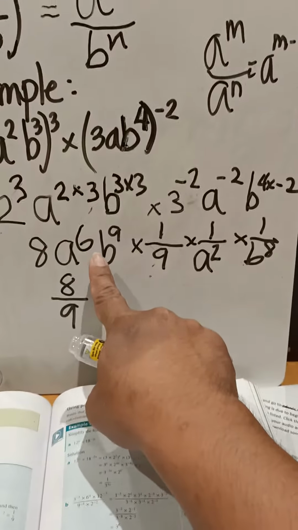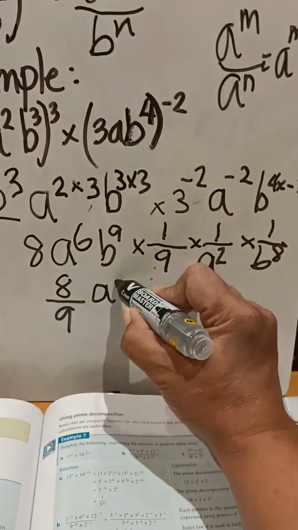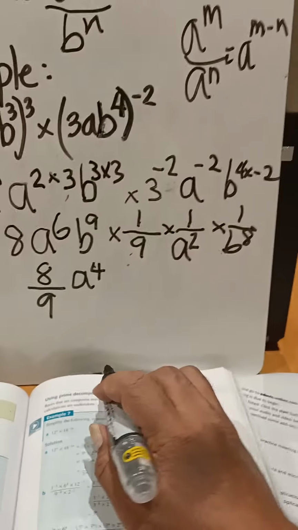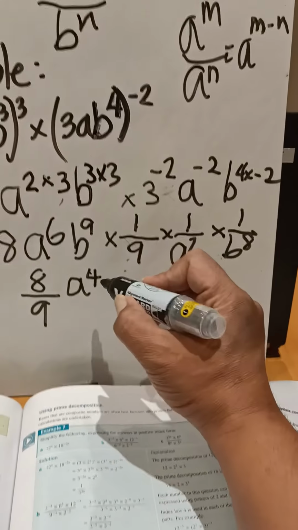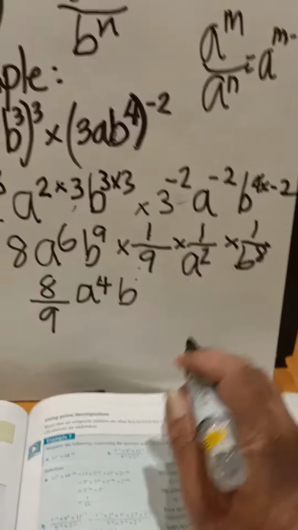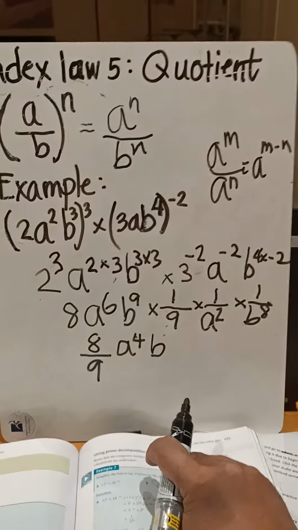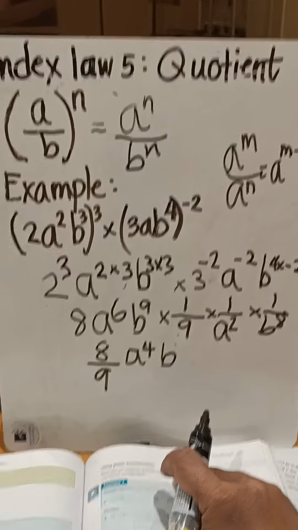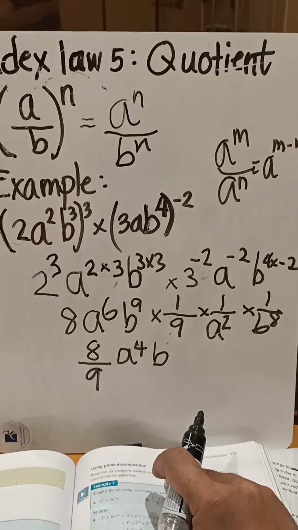That's 6 minus 2, which is a to the power of 4. What about b? So 9 minus 8. Copy the base b, raised to the power of 1. You don't have to write 1 in there. Okay? So I want you to write that in your notes so that you can have a copy before the sack.